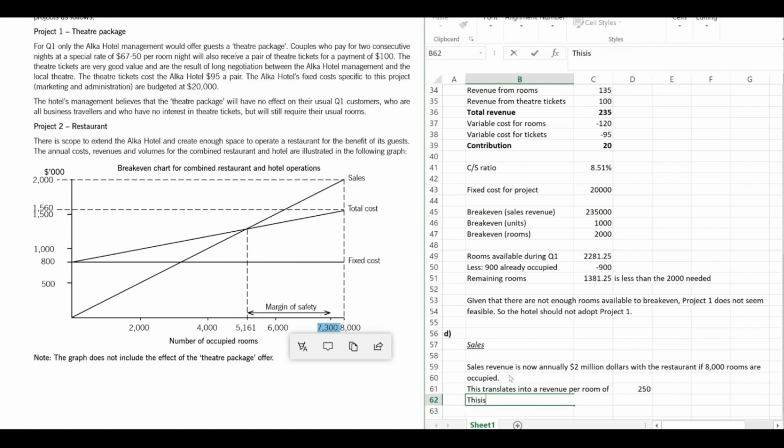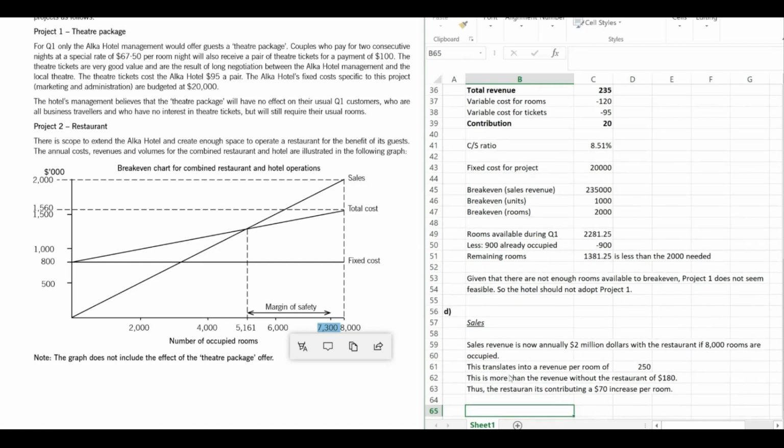This is more than the revenue without the restaurant of $180. Okay, thus the restaurant is contributing a $70 increase per room. Okay, so we have some calculation and we have some analysis down.